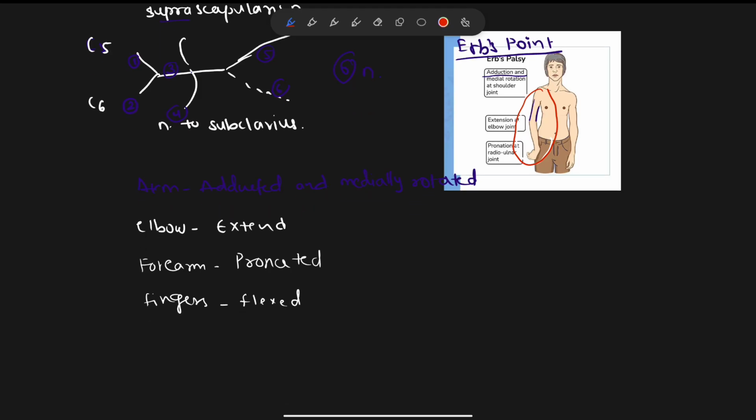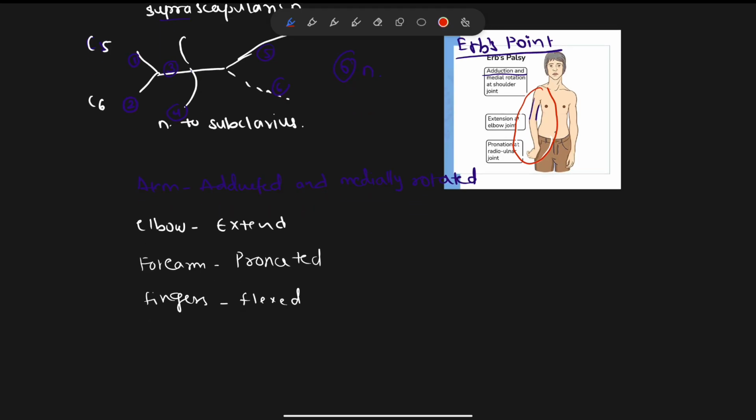And see, if we look at him, this is a sign. We named it policeman's tip hand. Policeman takes a tip, so it's named policeman's tip hand, or waiter's tip hand, or porter's tip hand.